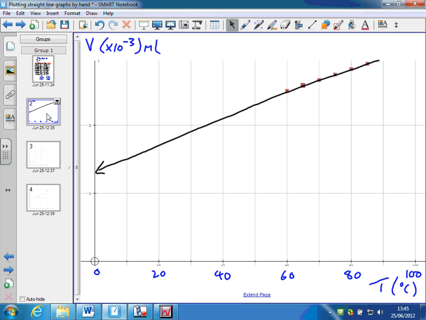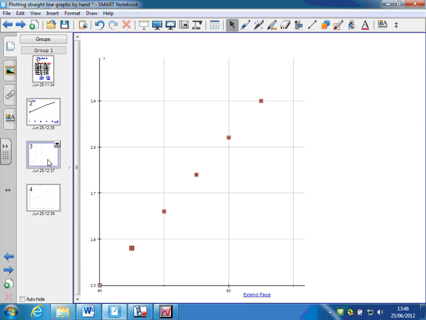If I choose a set of axes, rather, so that I can get all the data points in, starting at 2.5, which is where the first data point is, and going up to 3.0, this again is volume, times 10 to the minus 3 milliliters, and that's temperature in degrees centigrade, starting at 60 and going up to 90.